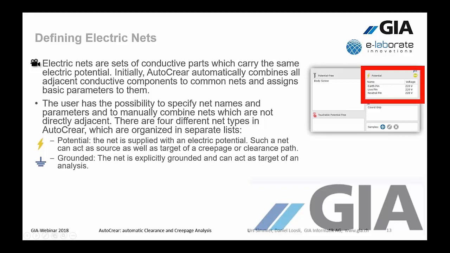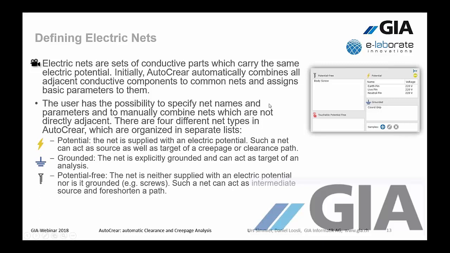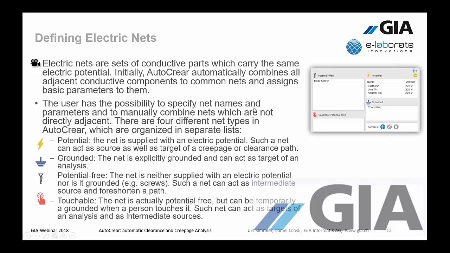You can define the voltage levels. Here you can define if you'd like to deal with alternating current or direct current. You can define the grounded nets and so on, and you can also bring in potential-free nets like screws or springs, that kind of stuff.